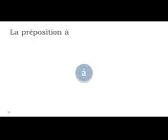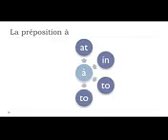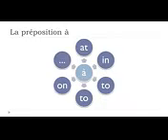Just because à could be translated in English with at, in, to, and I explain the reason why we've got this second to here, because it will be from something to something. So that's the main reason why we've got the two tos. And then it could be translated with on, and there are other meanings and other uses of this preposition à.